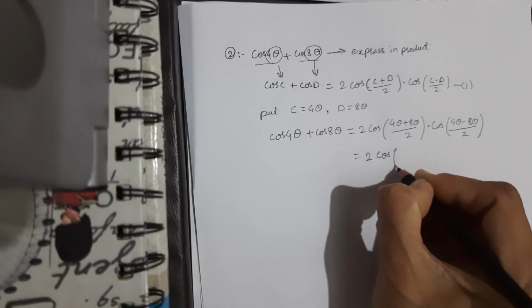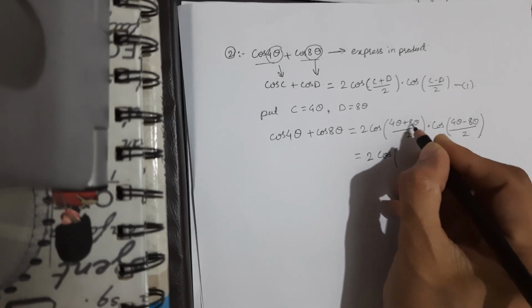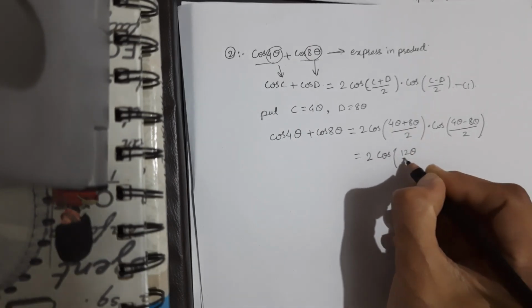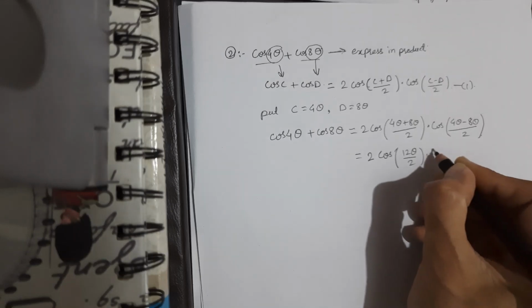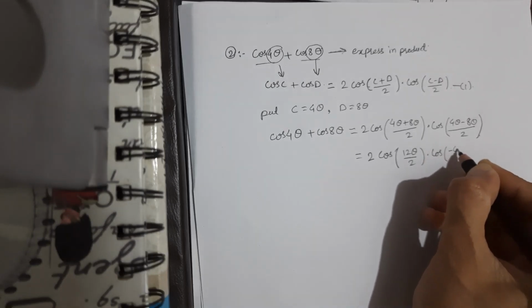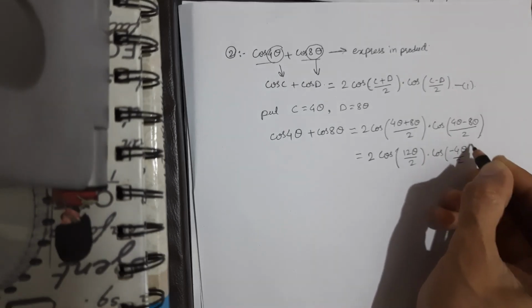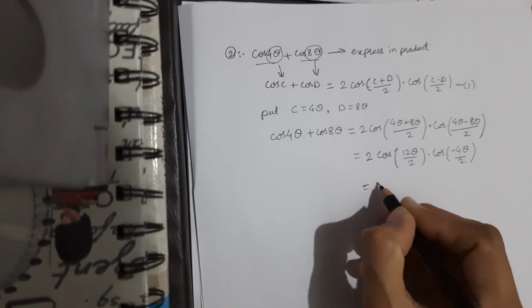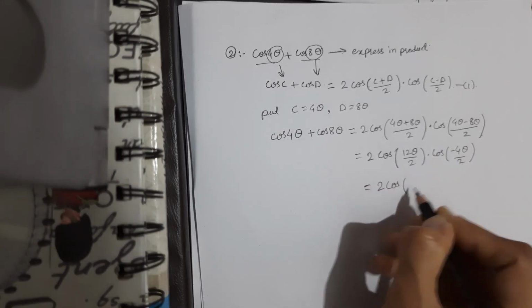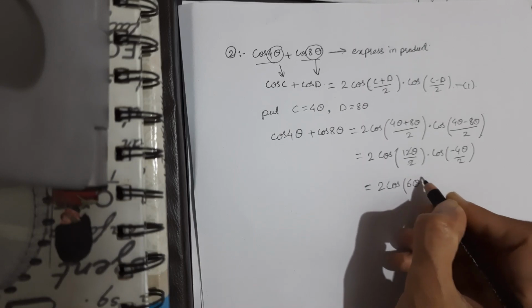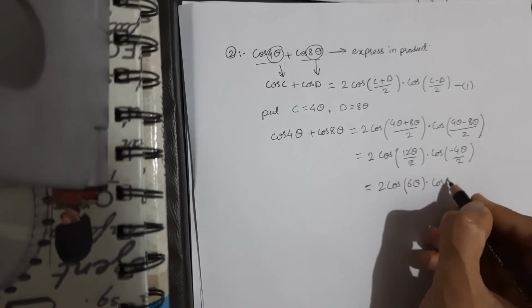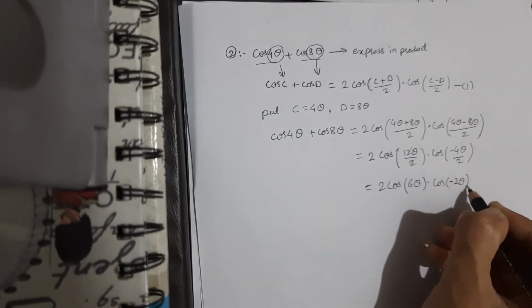Cos 12 theta divided by 2 into cos minus 4 theta divided by 2. So I get 2 cos 6 theta into cos minus 2 theta.